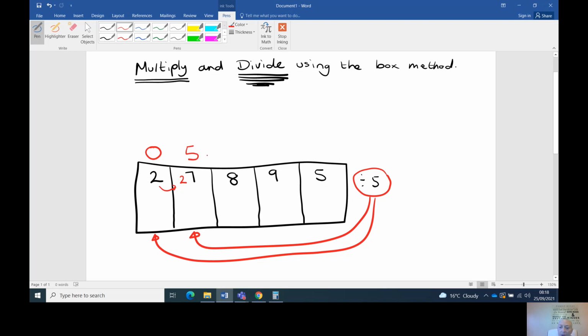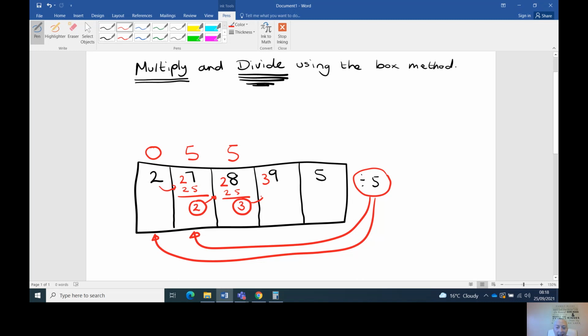Now that makes 5 times 5 makes 25. So I'm left with 2. And that 2 is going to go next door. So 5 into 28. 5, 10, 15, 20, 25, 30. 30 is too big. So that's 5 again, which makes 25. 8 take away 5 is 3. I'm left with 3. So that 3 goes there.